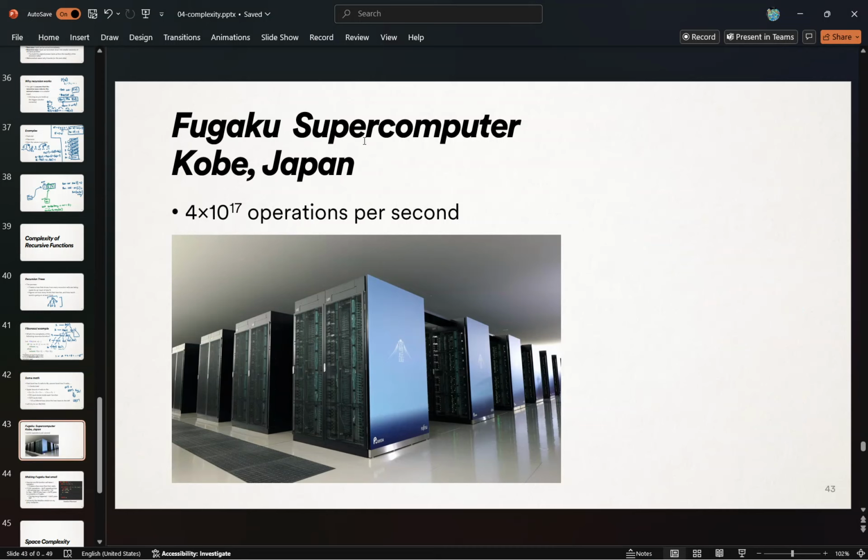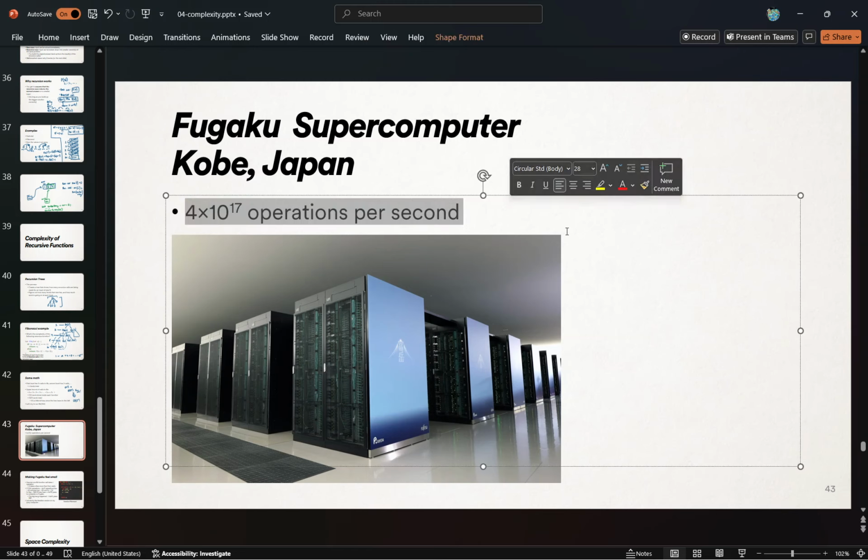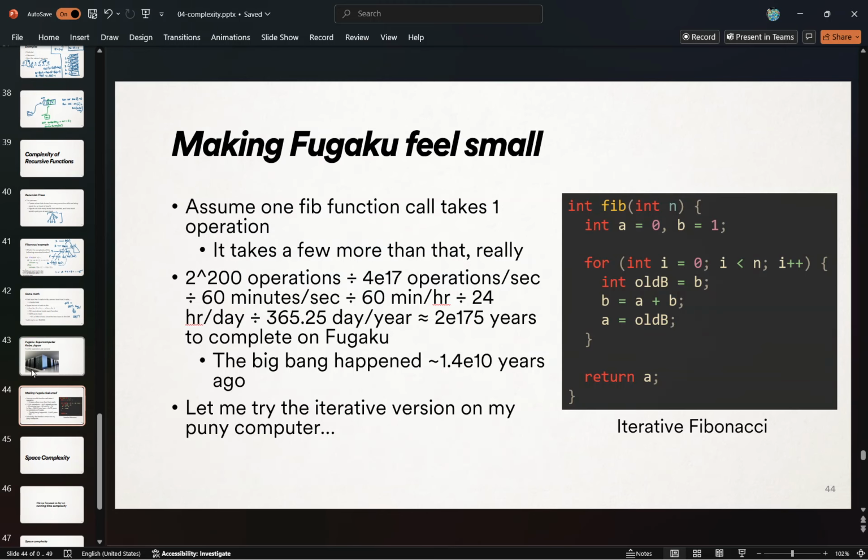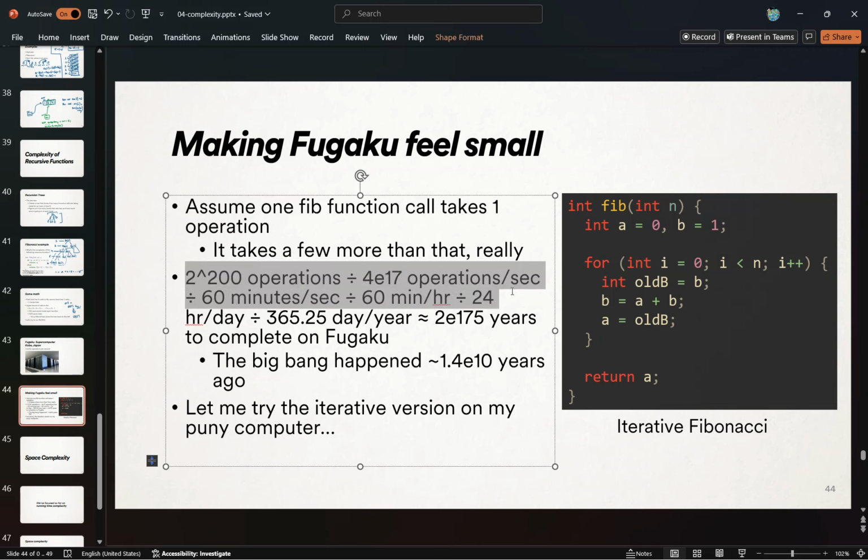So the last time I checked, this was the fastest supercomputer in the world. It was in Japan. Maybe it's been outclassed by somebody now, but it can do this many operations per second, 4 times 10 to the 17. So even if we ran this on Fugaku, assuming it takes 1 operation per fib call, and that's being nice, you divide by that many operations per second.